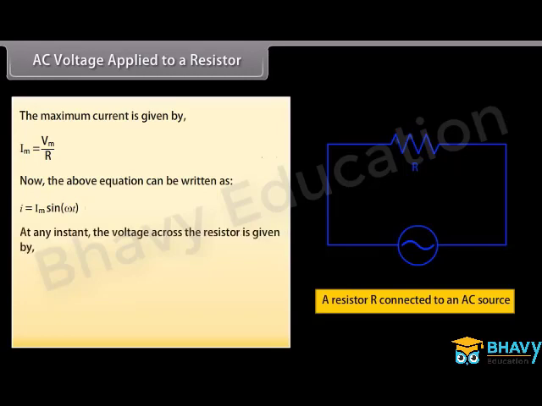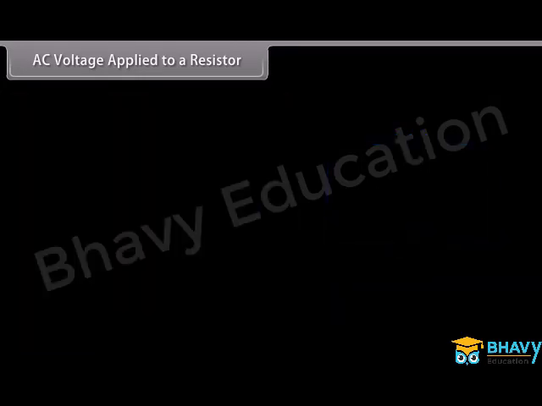At any instant, the voltage across the resistor is given by Vr = IR. By putting the value of I, we get Vr = Vm sin ωt.